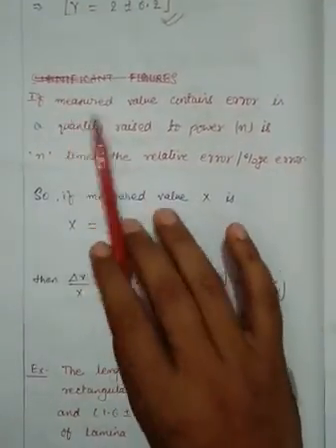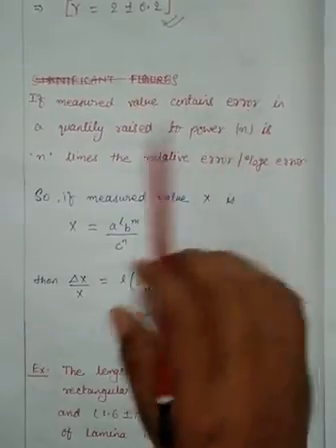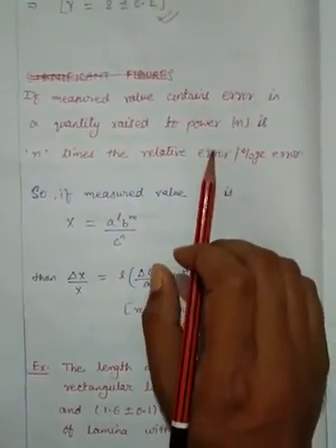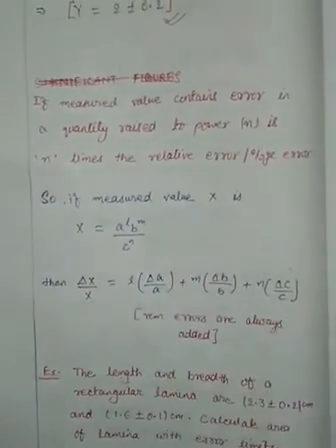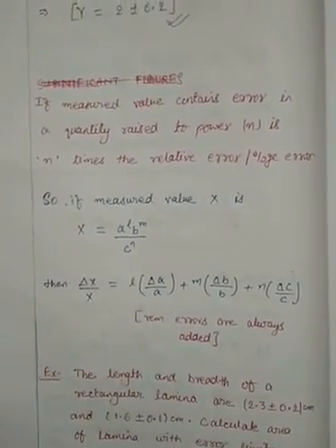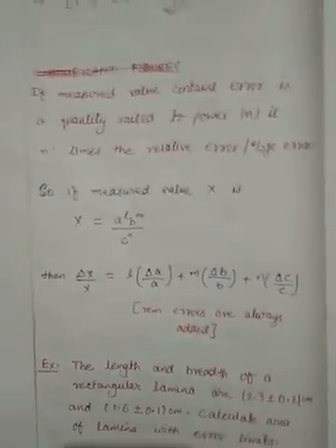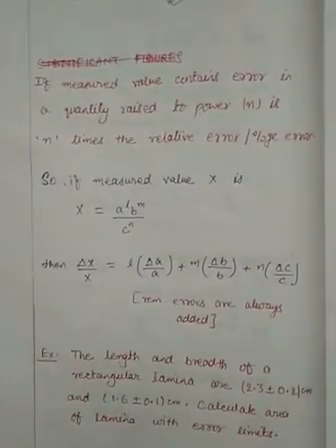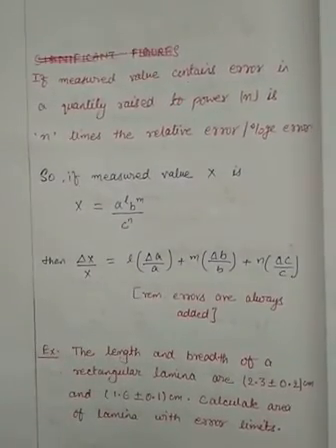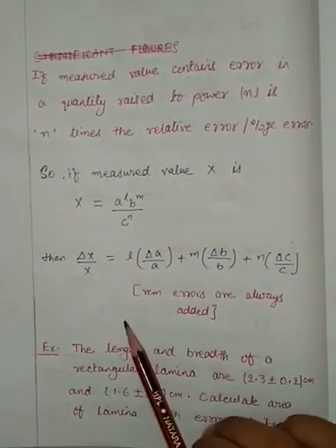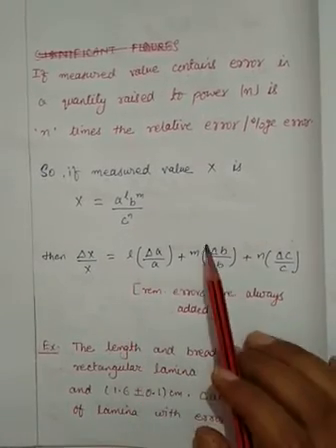Suppose the measured value contains error in a quantity something raised to power n, that means something like 5 square, 3 square or a square. For the relative error, what we normally do is take n times the relative error.